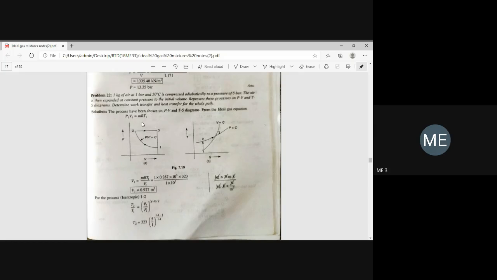Next, 2 to 3 is our expansion process. Here 2 to 3 is the constant pressure process, and then we join from 3 to 1. Remember in the TS diagram, constant volume and constant pressure processes are represented by the same kind of curve, with only a difference in the deviation.